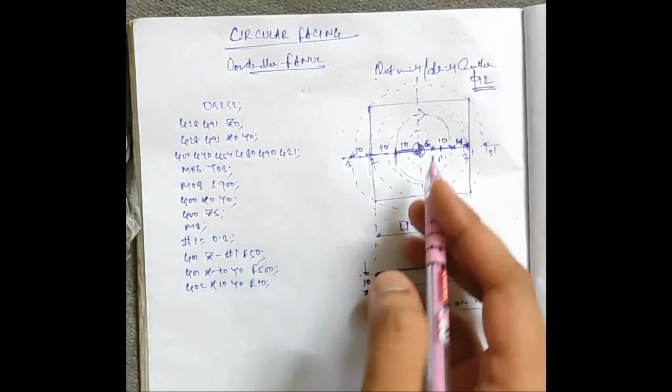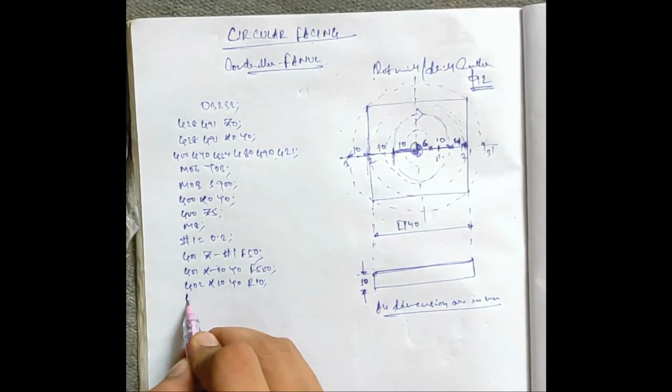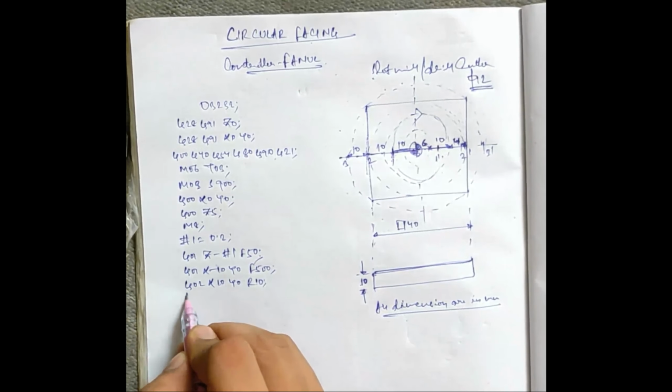G02 X10 Y0. R will be how much? 10. And again come to point number 1: G02 X minus 10 Y0 R10.